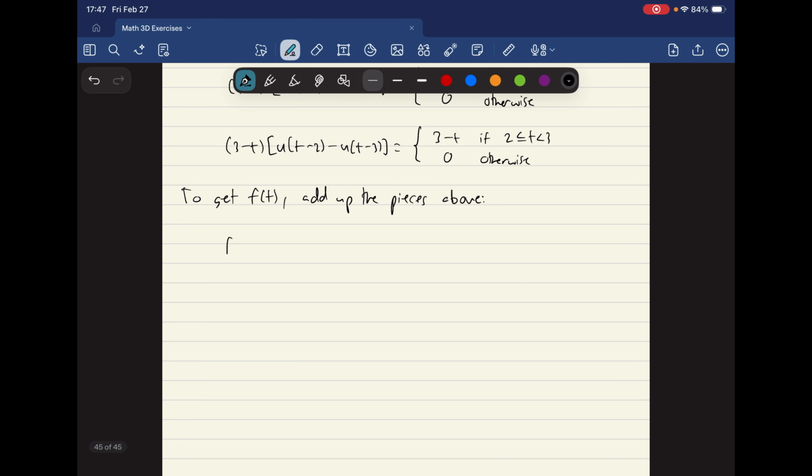And this gives me f of t, so I'm going to need some space. f of t is equal to t minus 1 squared times u of t minus 1 minus u of t minus 2, plus the second piece, 3 minus t times u of t minus 2 minus u of t minus 3.